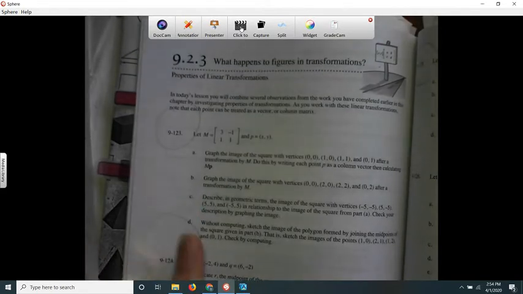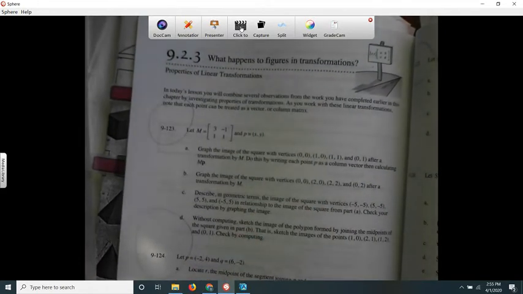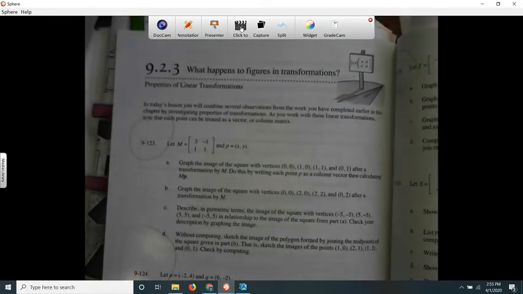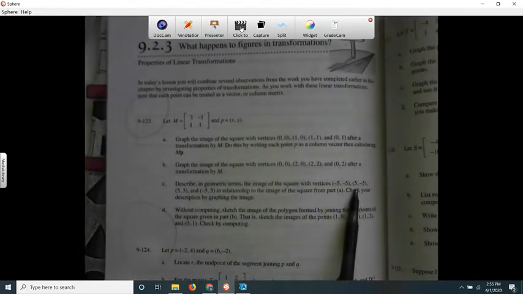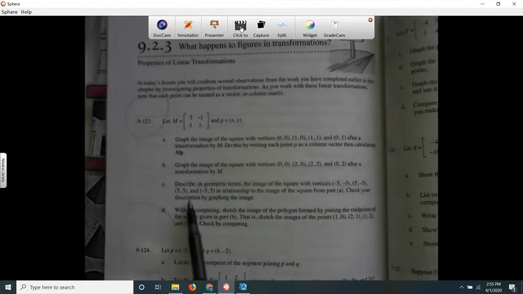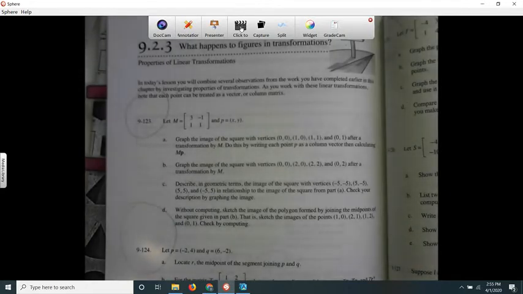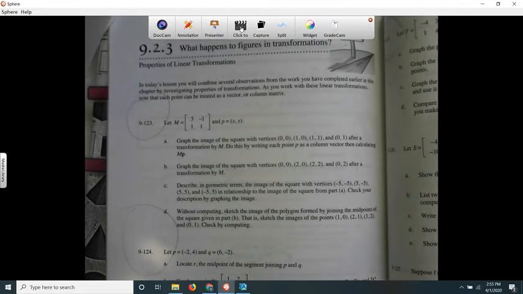Here's letter C. Letter C says, describe in geometric terms the image of this square in relationship to the image of the square from part A. Check your description by graphing the image. Now they've given me another square, all these 4 points. Let's see, did I do it?